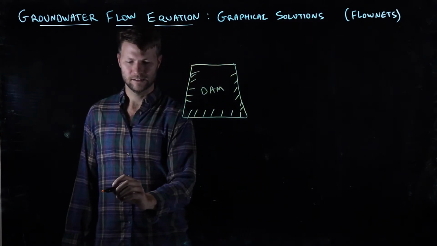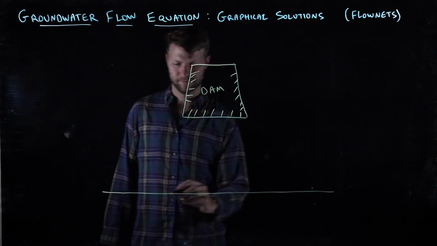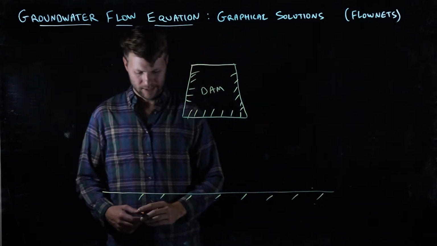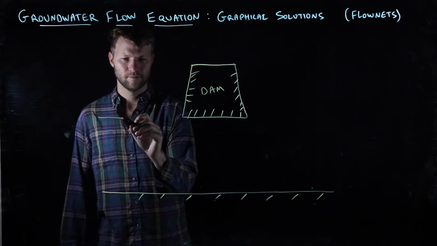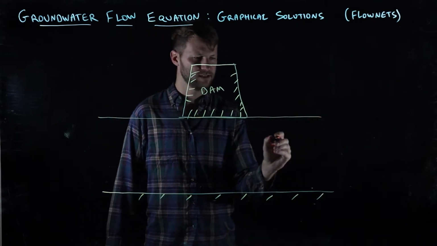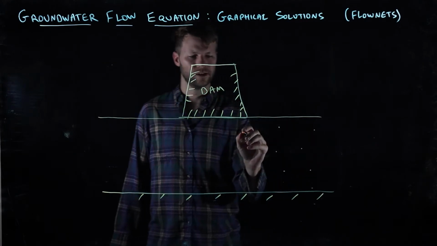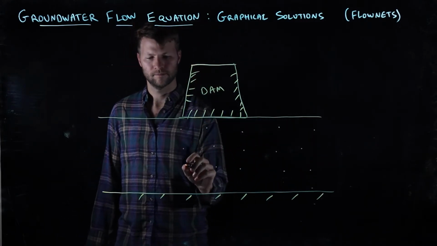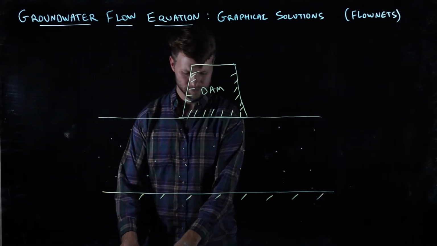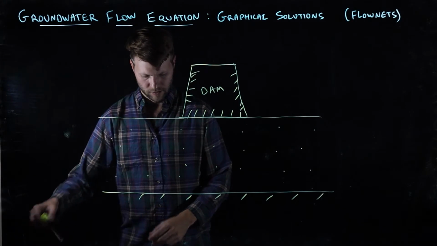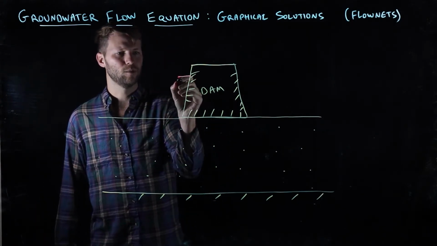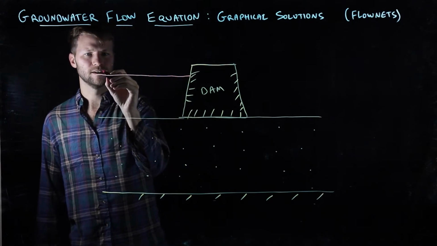And then let's say that somewhere at depth, there's another impermeable layer. And in between, there's the ground surface, and there's some aquifer in here. And in this example, the water table, there's ponded water, there's a reservoir or a lake over here.